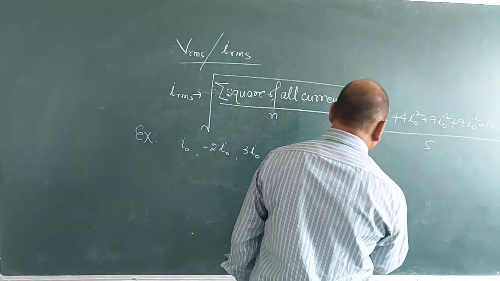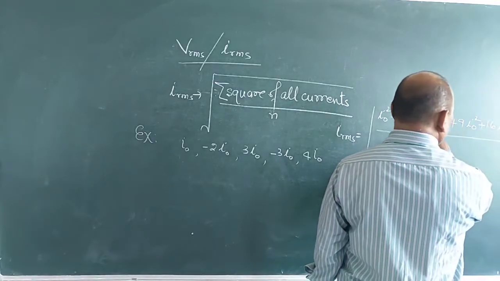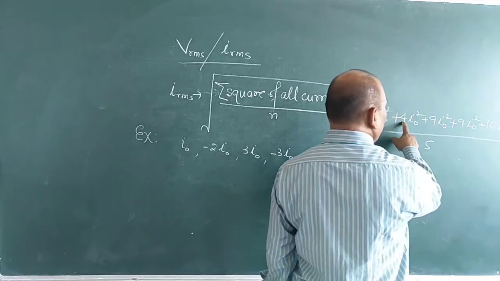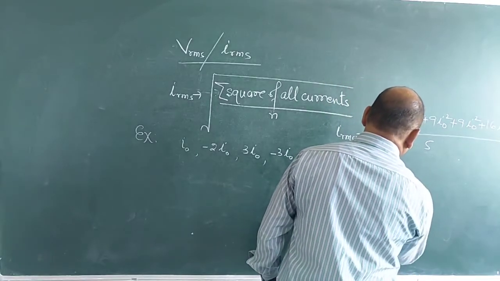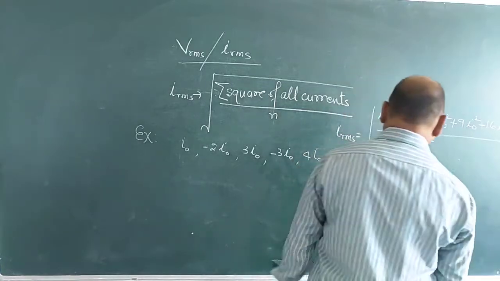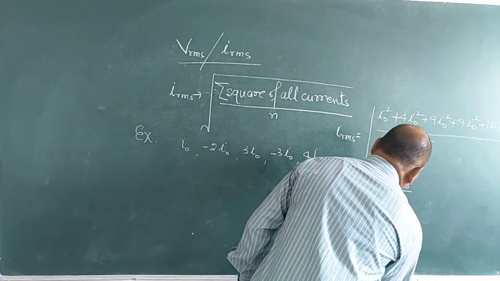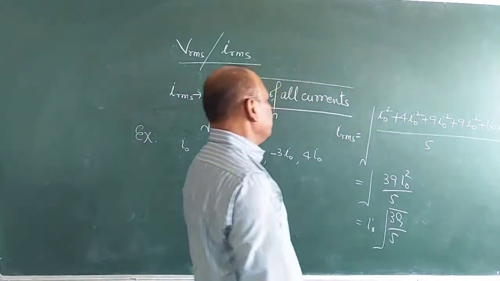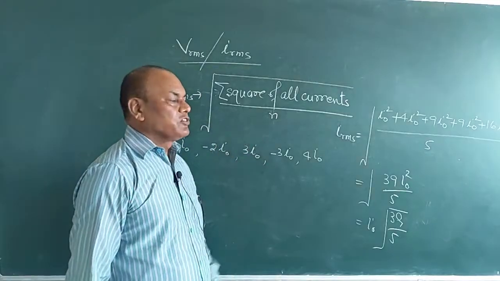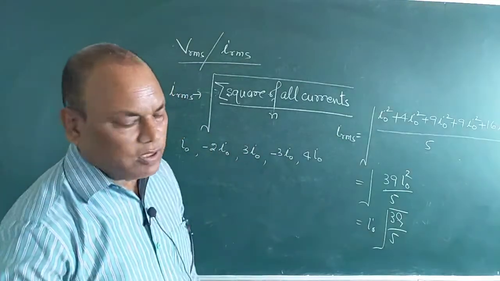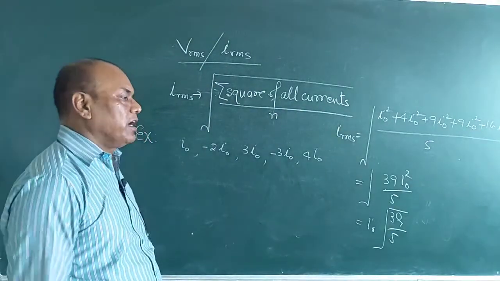So this becomes I0 square times 39 by 5, and IRMS is I0 under root 39 by 5. This is IRMS of these 5 currents. In this way you can find IRMS or VRMS of given currents or voltages.